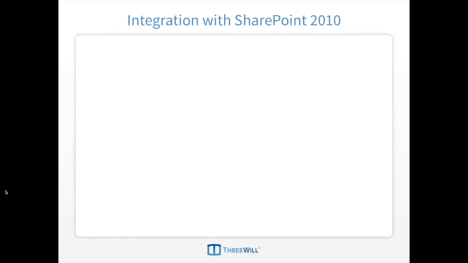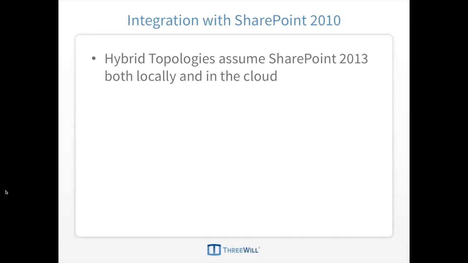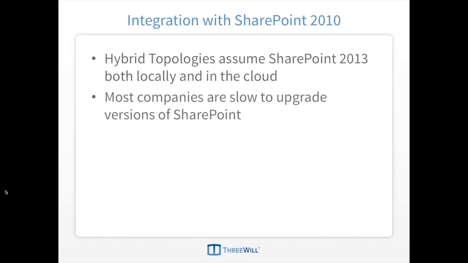Now, one other kind of challenge that we need to think about when it comes to this sort of thing is SharePoint 2010. If you looked real carefully at the diagrams that I provided for you just a moment ago, they all explicitly said SharePoint 2013. The hybrid topologies are built around that, both locally and in the cloud. So then, what about those companies that are slow to upgrade?